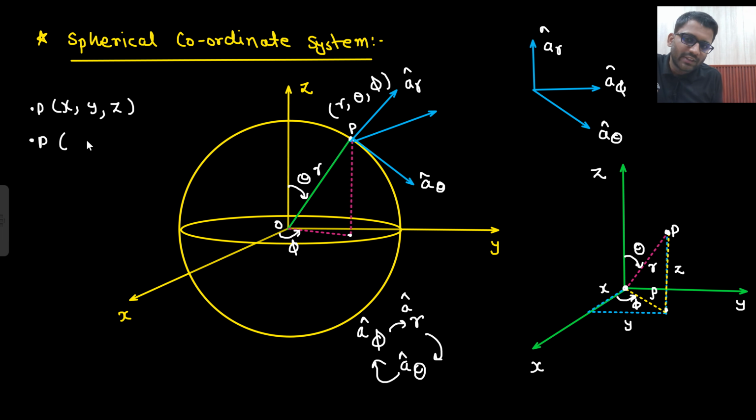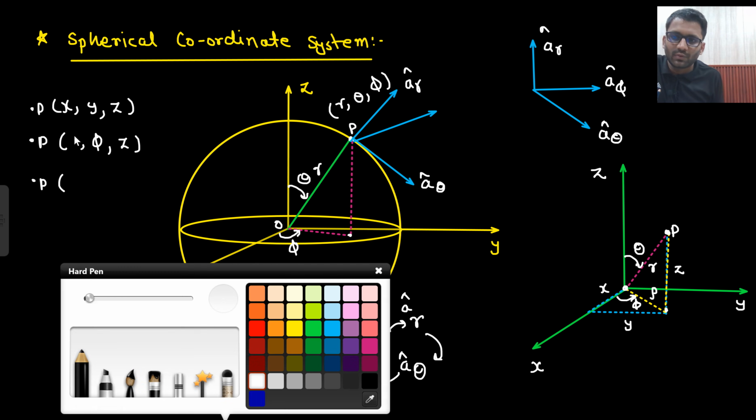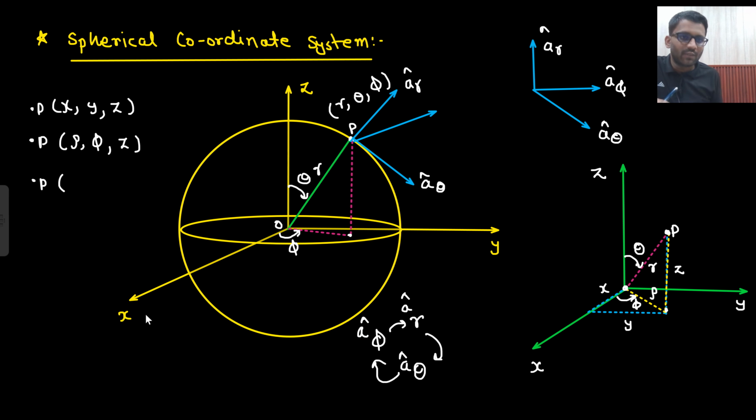In cylindrical what was it? Sorry, not r, it was rho, phi, z. In spherical what is it? R, theta, and then phi. And this is the cyclic order: ar, a theta, a phi.